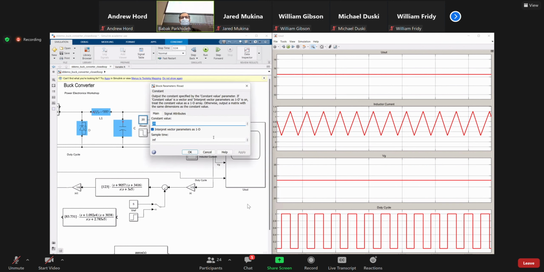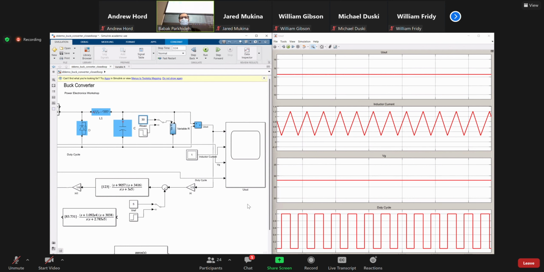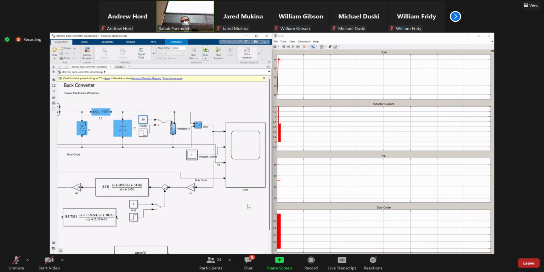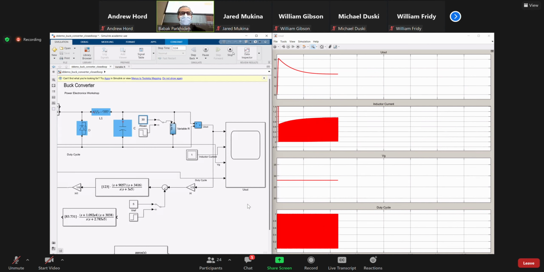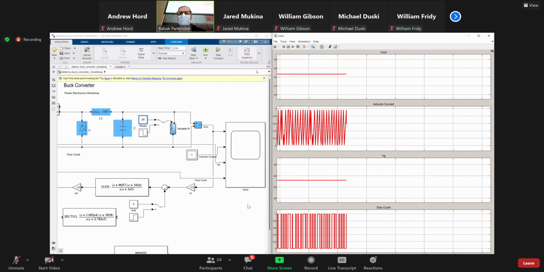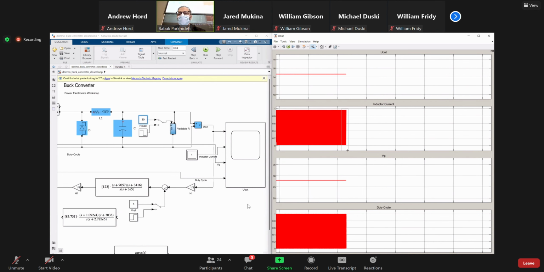Let me increase this further, 30. So you expect that again, the bias point goes down a bit more. It looks like we're still in the boundary conduction mode, but we can check. Just put this. Obviously, you see the dynamic has changed. One was faster.